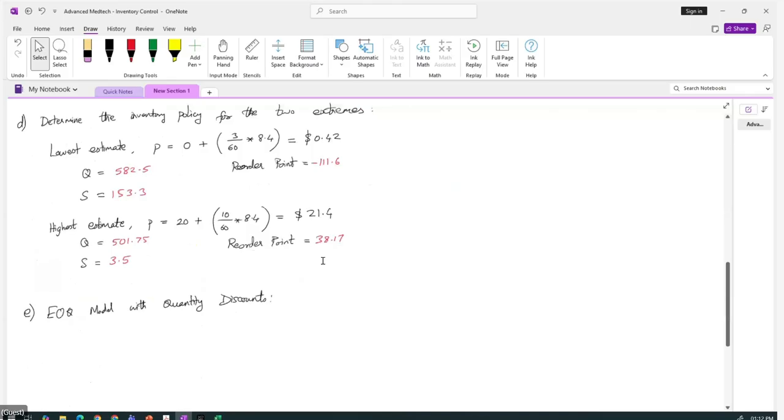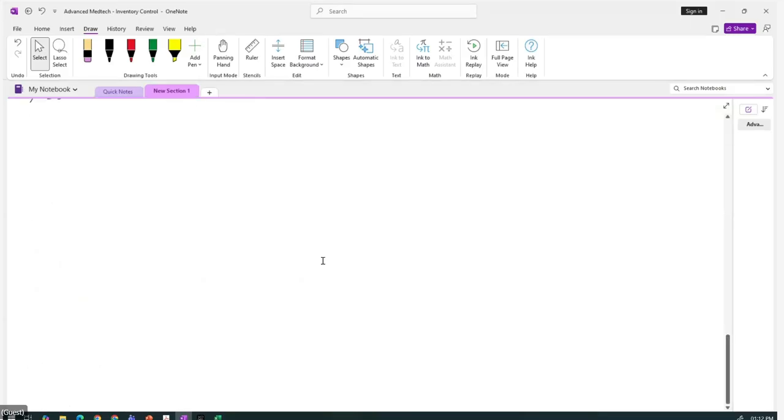So now we are looking at a new scenario, JC Watts Pharmacy. What are the inputs that I have? I have D, the demand, which is 40. K, the setup cost, which is also 40.